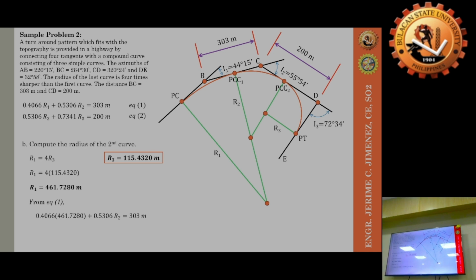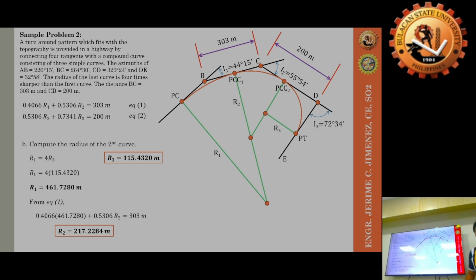So, ang only unknown natin dyan ay R sub 2. So, what is R sub 2? That is 217.2284 meters. So, nasagot na yung second problem.